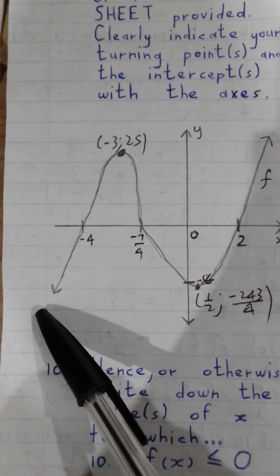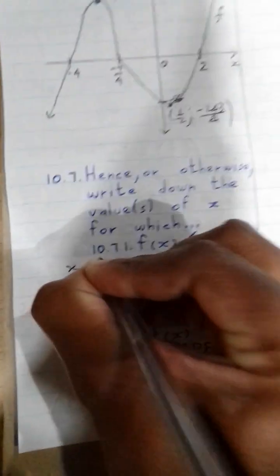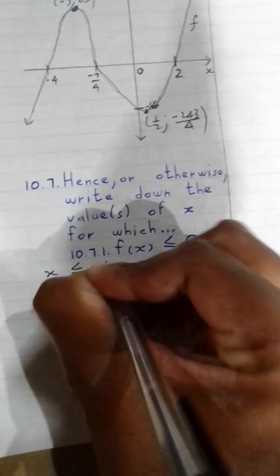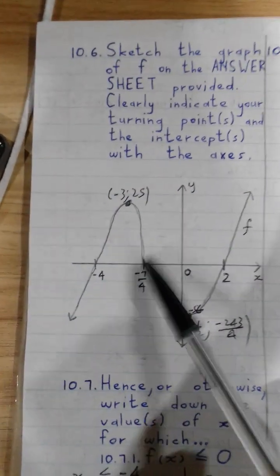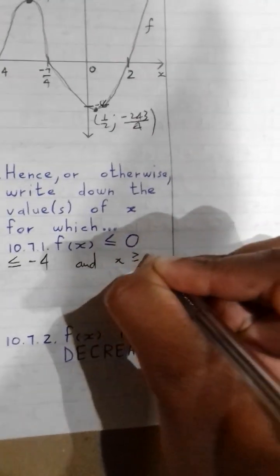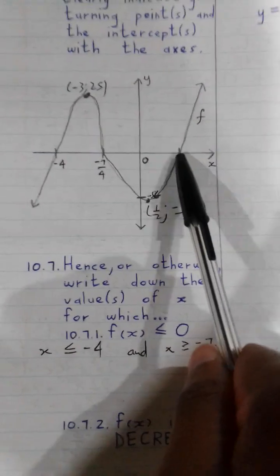So x is less than or equal to negative 4, and to this side, x is greater than negative 7 over 4 and x is less than or equal to 2. To the left, it's below.